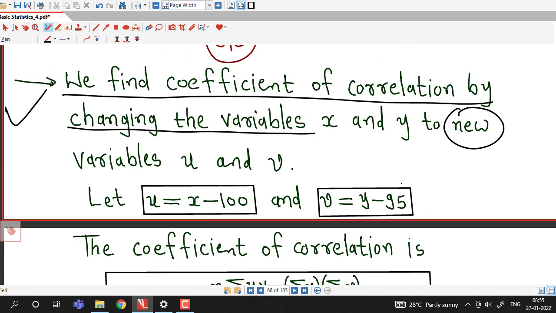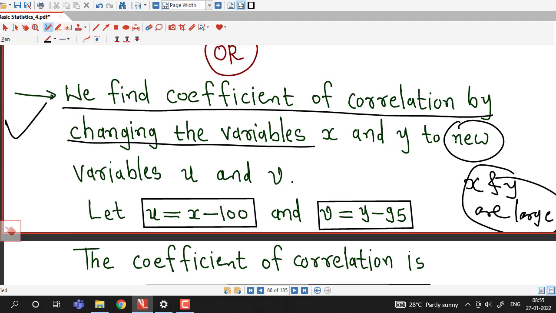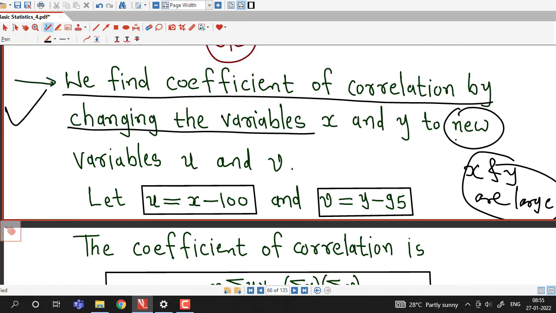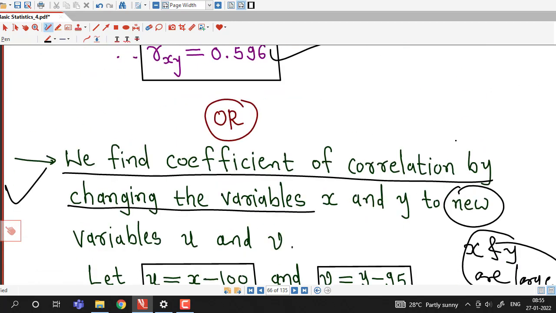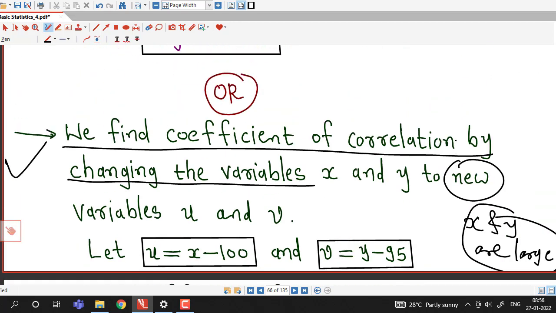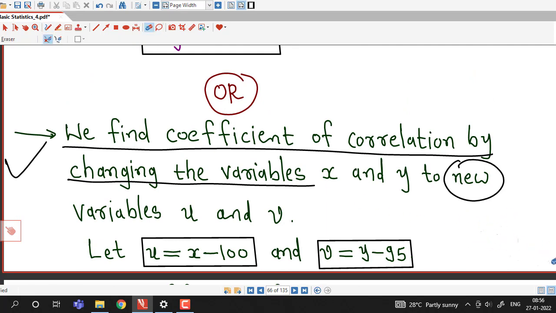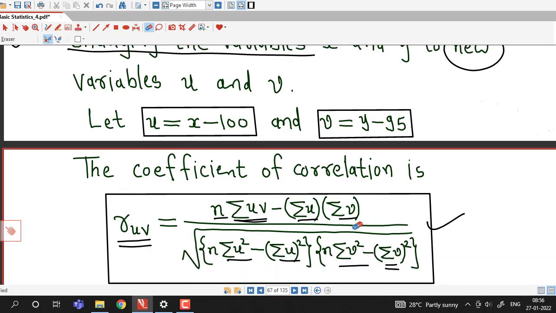So this step deviation method is useful if values of x and y are very large. If they are very large, then this formula will be useful, provided we consider appropriate change of origin and scale. And if x and y are not integer, then it is advisable to use this formula.